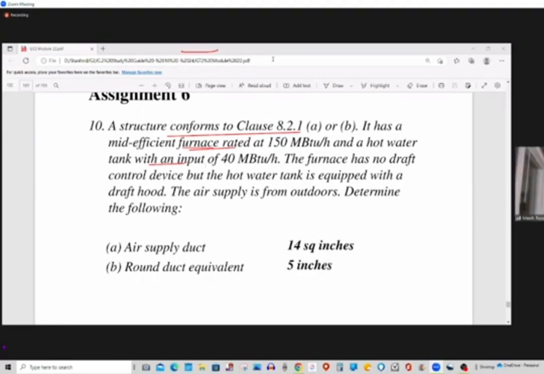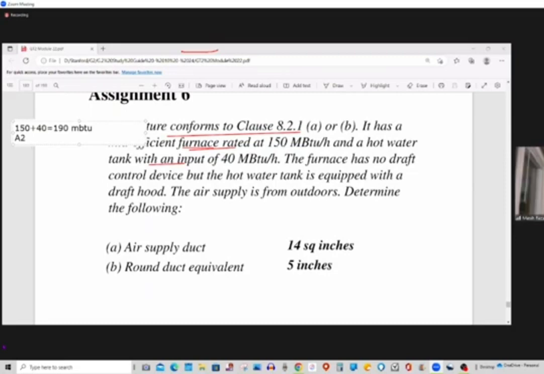Yes, I remember, sir. We have to see the total of 150 MBTU and 40 MBTU. Both of them are going to be 190 MBTU. Now we have to go to table 8.2. So 150 plus 40 is going to be 190.